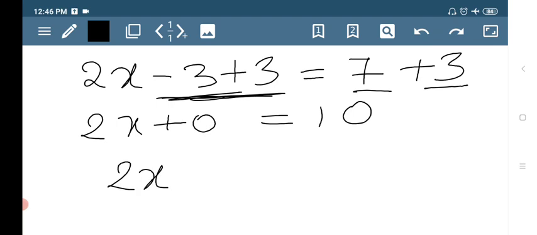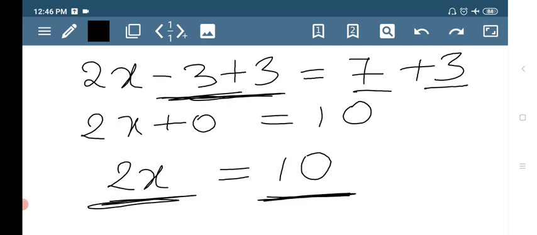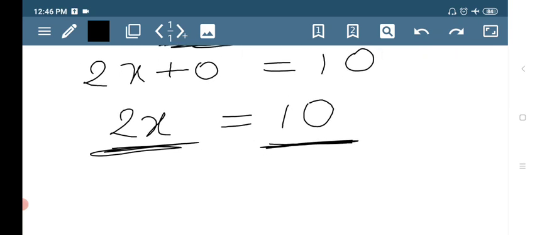So now 2x plus 0 is 2x is equals to 10. So now I have an equation 2x is equals to 10. But I need the value of x. What should I do? How to remove this 2 which is in multiplication with x, right? How can I remove?